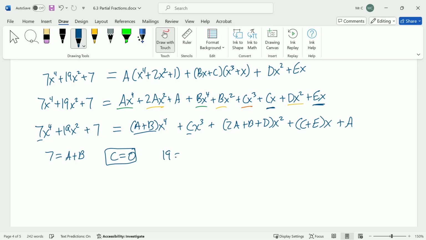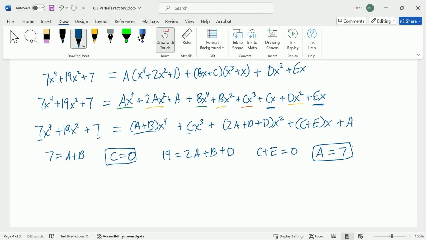So 19 is 2a plus b plus d. Now there is no x term in the left-hand side, so c plus e has to be 0. And a is the only constant, and the only constant here is 7, so a is 7.